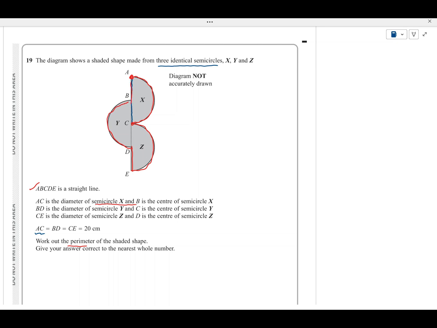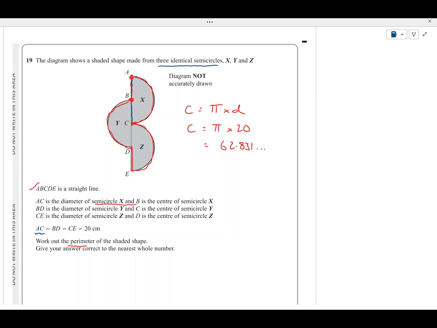Well, let's work out the circumference, first of all, the circumference of the whole circle. It's got a diameter of 20, so C equals pi d, C equals pi times 20. I think 20 times pi equals 62.831 and so on.